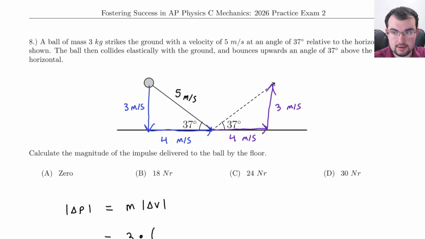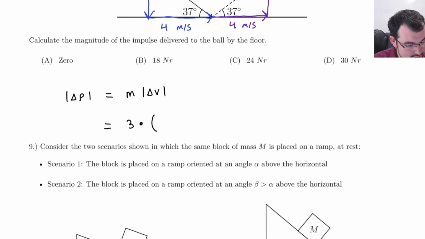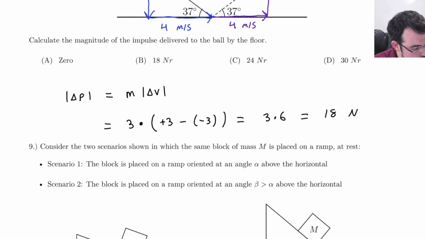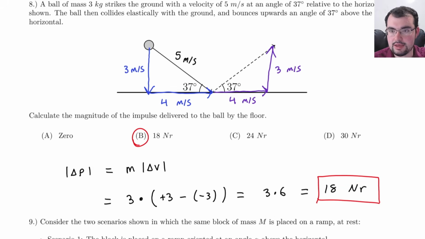Well, nothing ends up happening horizontally because I don't change my velocity horizontally. But what does happen is I change from -3 to +3. So I end with a velocity of 3 up. I started with a velocity of 3 down. So I just get 3 times 6, which is 18 newton-seconds. So that makes that B.